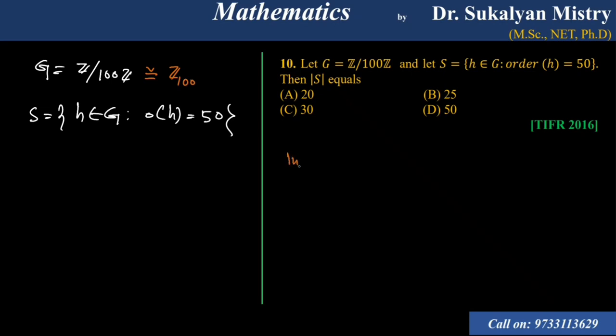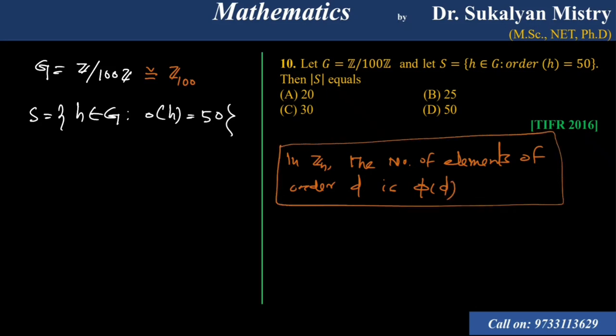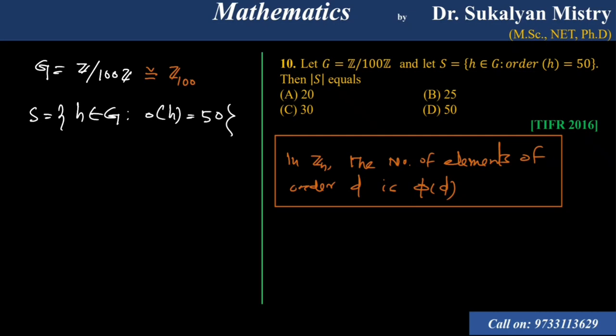In Zn, the number of elements of order d is phi d, that is Euler's phi function. That is a very important result. Apply this result. So the order of S will be phi 50.